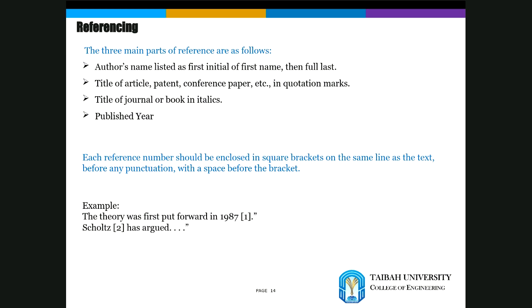You don't need to mention all of them. I'm going to give you an example in the slide. The title of that article, paper or book, and the publisher, who published that book or journal, and then in which year.